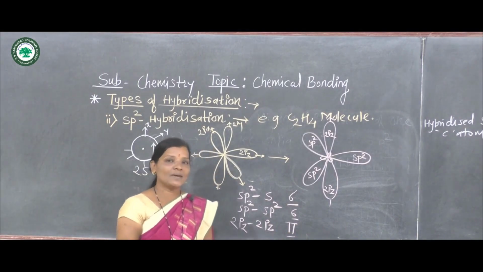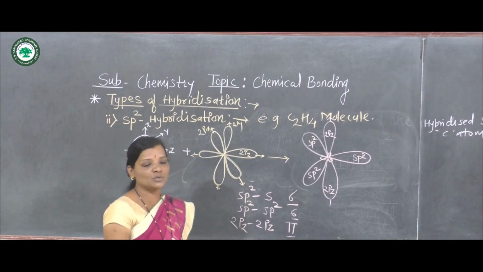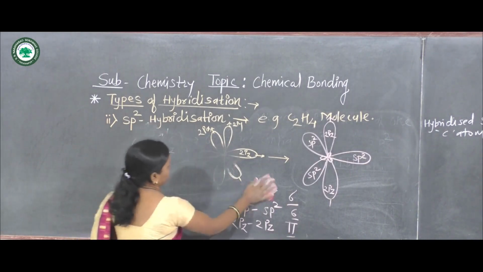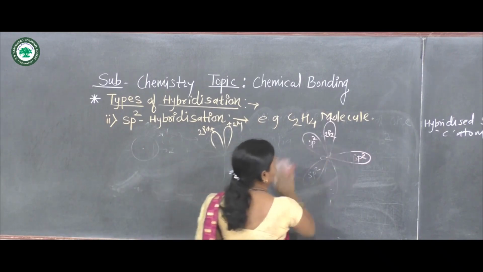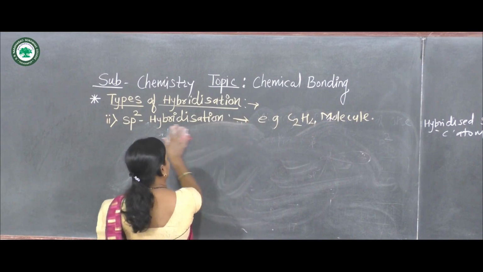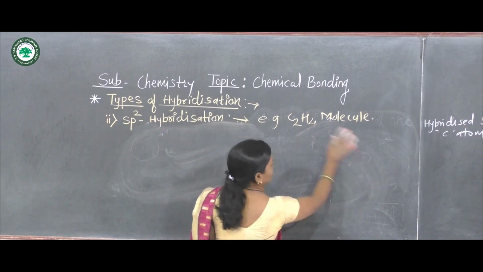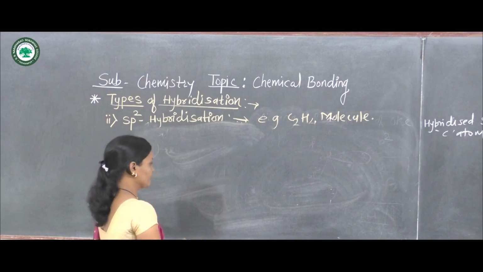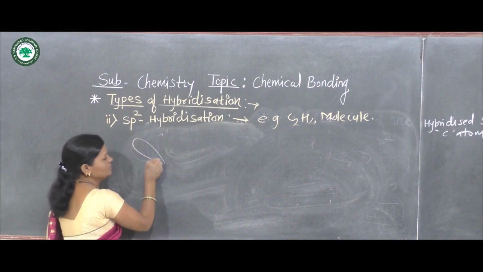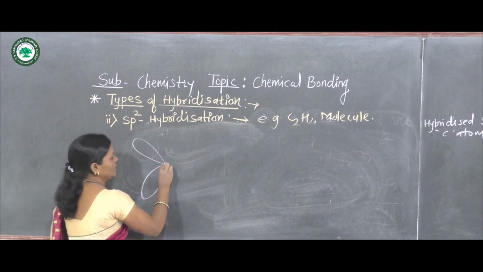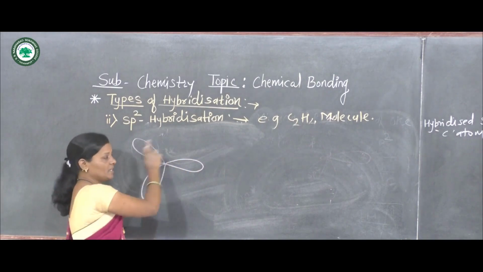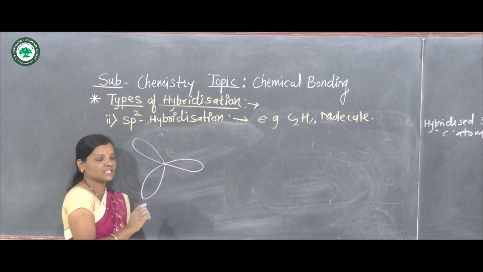Now let us see diagrammatically how the formation of C2H4 takes place. Now let us see for the first carbon atom, these are 3 sp2 hybrid orbitals which lie in one plane.